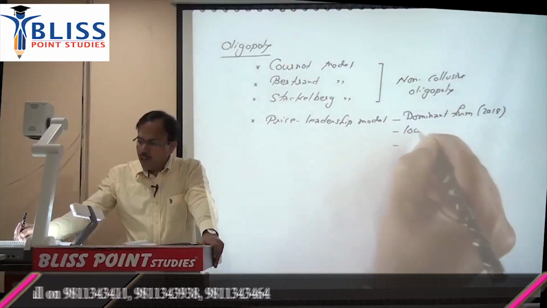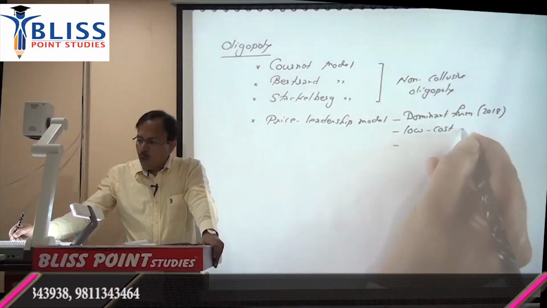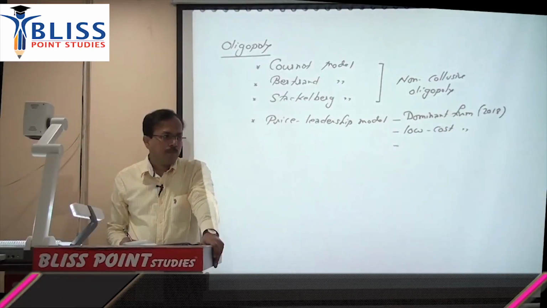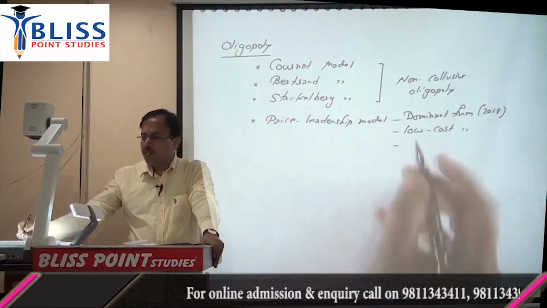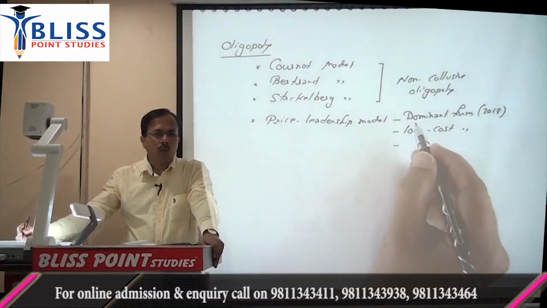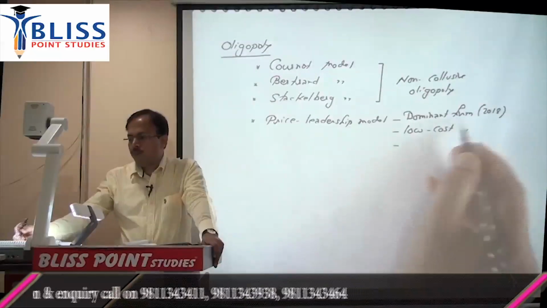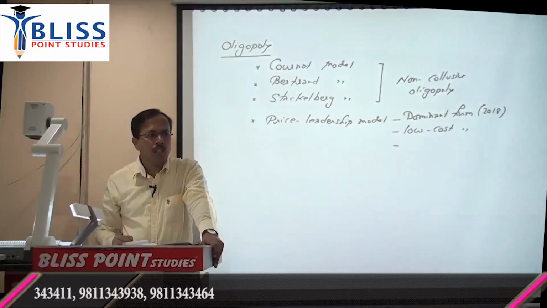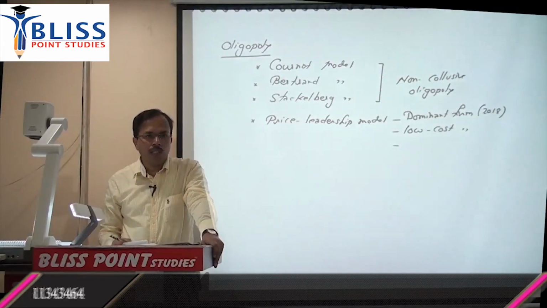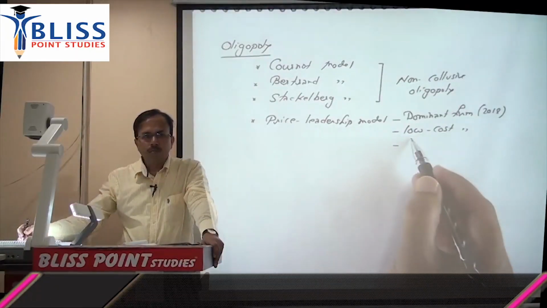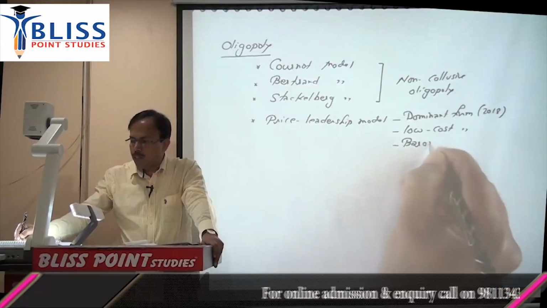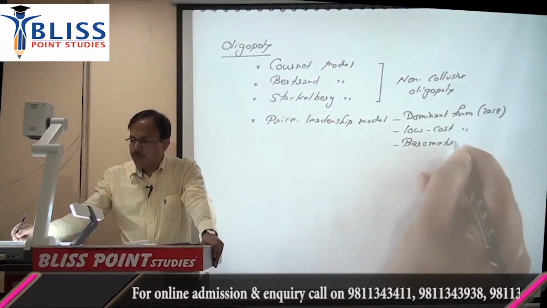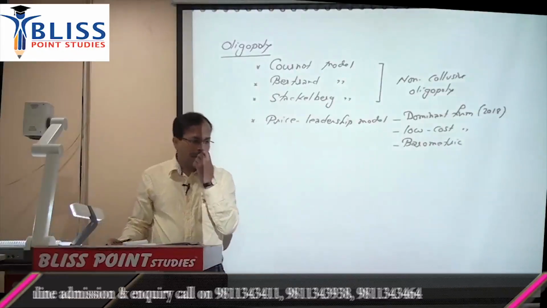Then low cost firm price leadership, meaning who will be the price leader. One concept says the firm which is dominant in market, जिसका market share ज़्यादा होगा, that firm will be the leader. Other says the firm having lower cost will be the leader. And a third form is barometric price leadership.